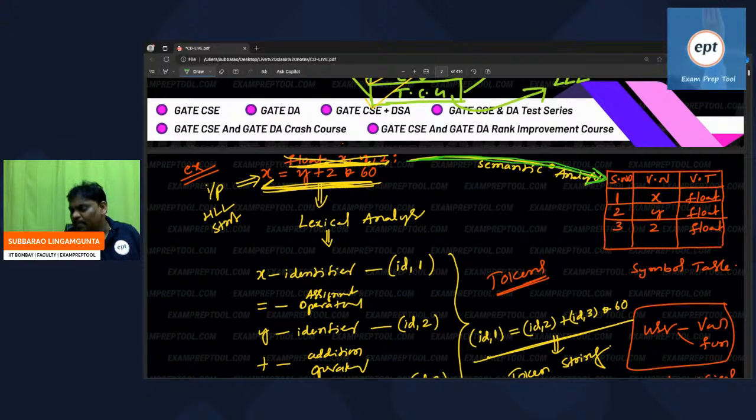You only want type, so you only will store. If anyone asks you why the semantic analyzer is storing types inside, you only want it. Whoever wants, they only will store. Who is using types? Semantic analyzer. So you only will store.